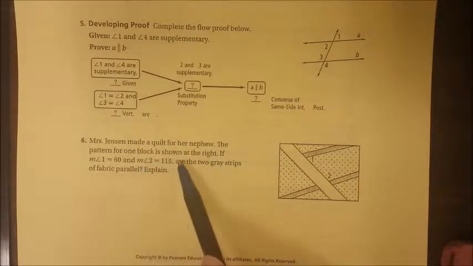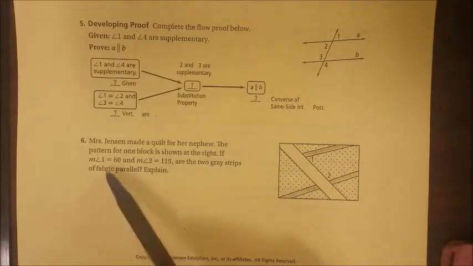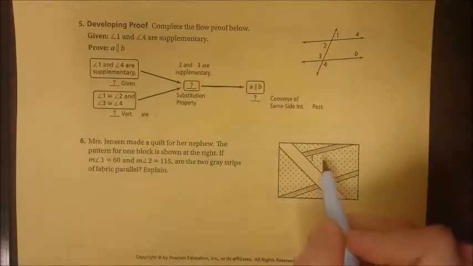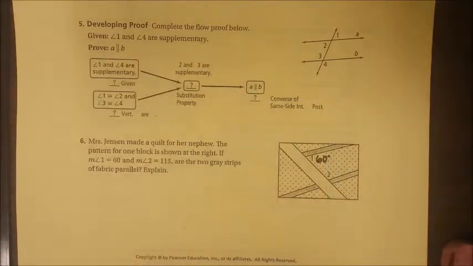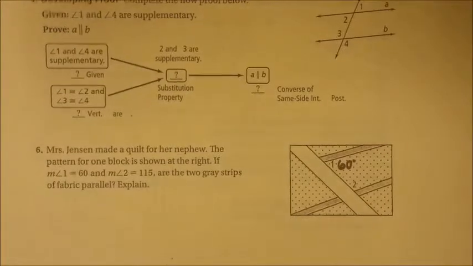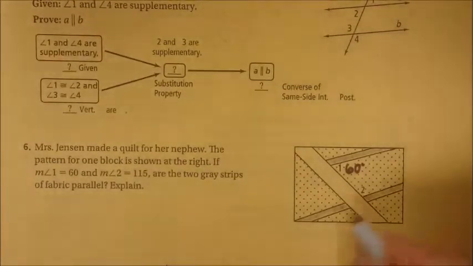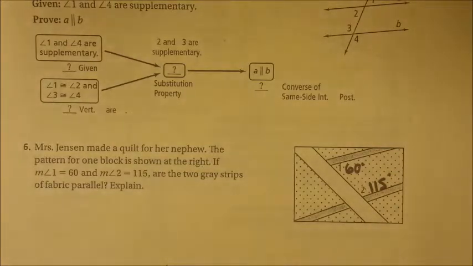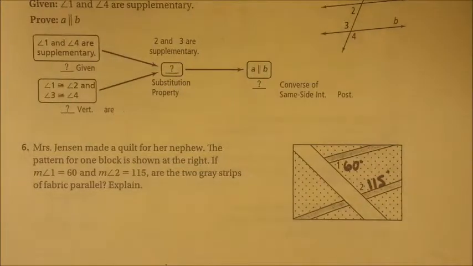The pattern of one block is shown at the right. If measure of angle 1 equals 60 degrees, so I'm going to write that on here, 60 degrees, and the measure of angle 2 equals 115 degrees, so again I'm going to write that on there, 115 degrees, are the two strips parallel?